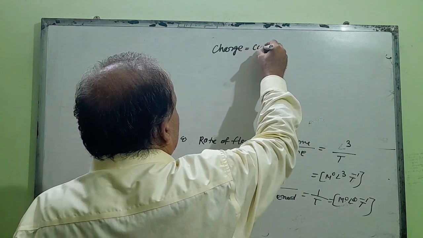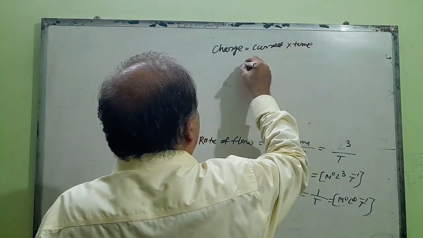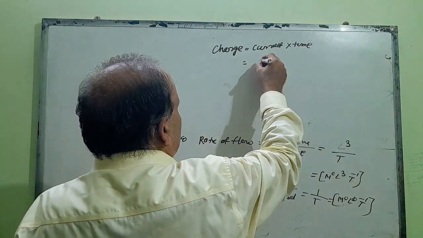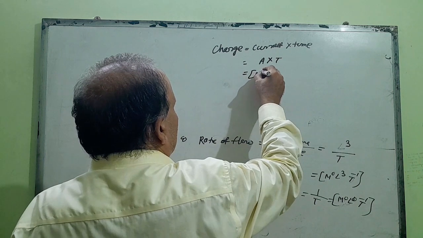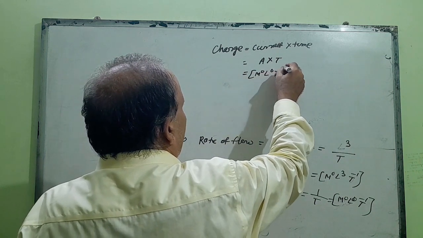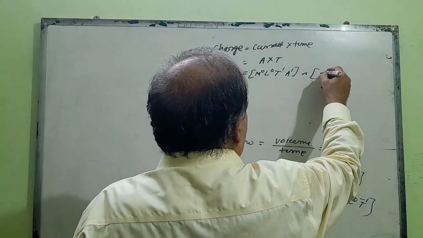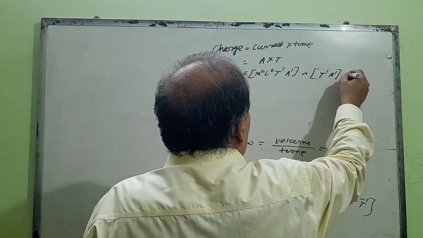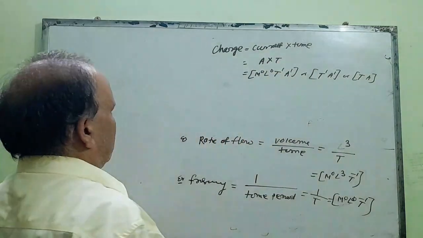Charge is equal to current into time. For current use the symbol A, and the time T, that is your M0 L0 T1 A1, or we can write its dimensional formula is T1 A1 or TA. You write its dimensional formula for charge.